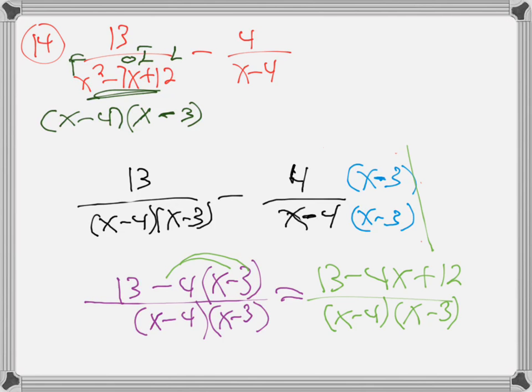And then last step, we're supposed to gather like terms in the top. What's up there in the top? What is that? 13 plus 12? 25. So that's minus 4x plus 25 over x minus 4, x minus 3.